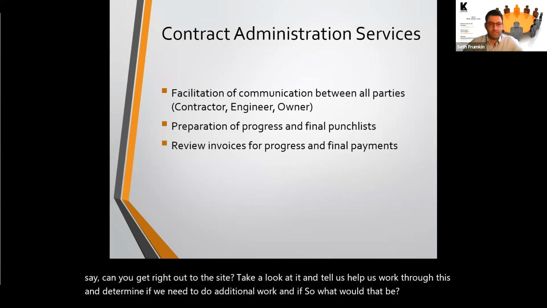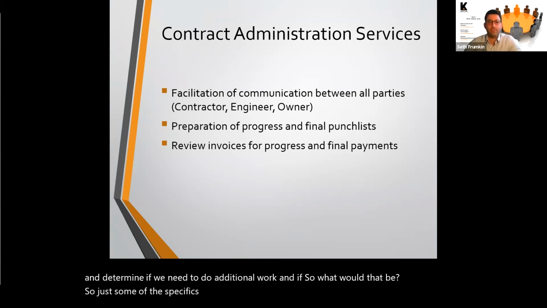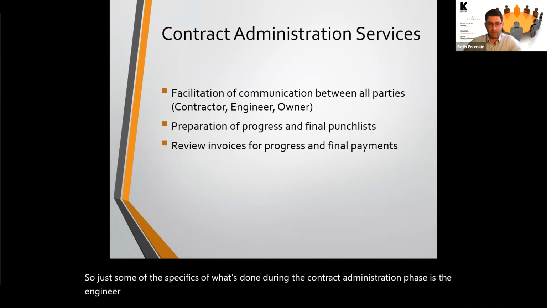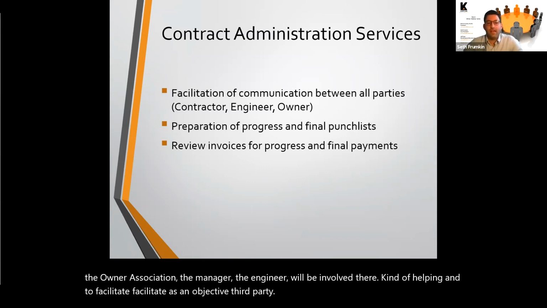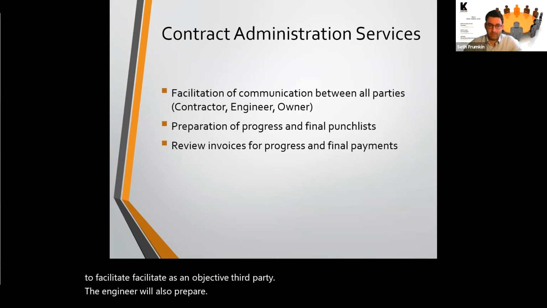So just some of the specifics of what's done during the contract administration phase is the engineer will facilitate the communication between all of the parties, the contractor, the owner association, the manager. The engineer will be involved there, kind of helping to facilitate as an objective third party. The engineer will also prepare progress and final punch lists.